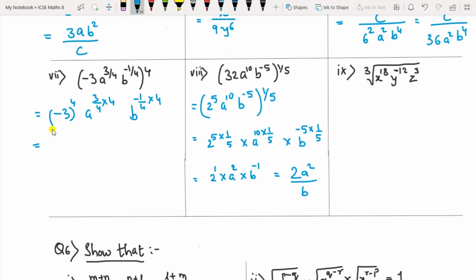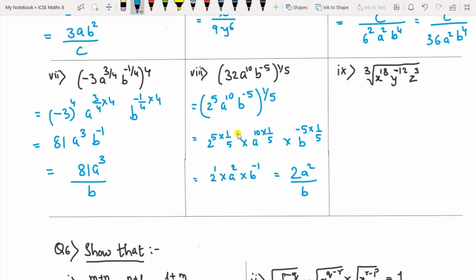So minus 3 raised to 4 means multiply minus 3 four times. 3 3s are 9, 9 9s are 81, and since the power is even, this minus converts to plus. Here 4 gets cancelled, so a cube, and here 4 gets cancelled, so it becomes b raised to minus 1. So it is 81 a cube upon b.